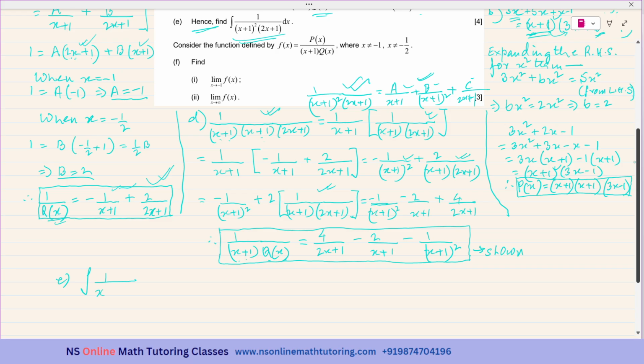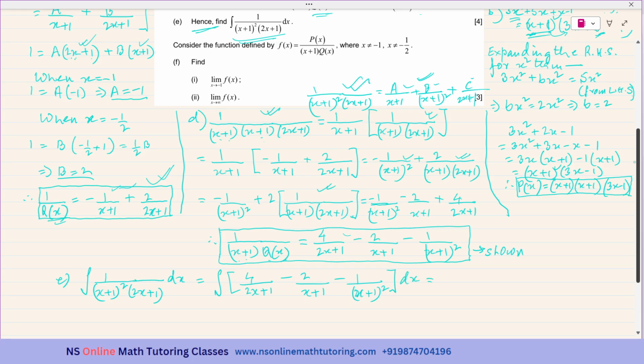The integral of 1 over x plus 1 whole square times 2x plus 1 dx is equal to, I'll be taking these three terms, 4 over 2x plus 1 minus 2 over x plus 1 minus 1 over x plus 1 whole square dx.